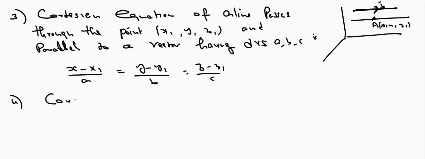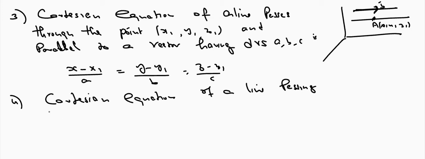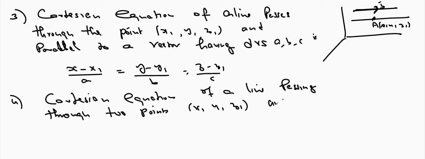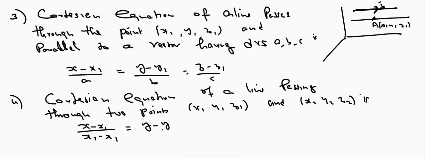Number 4, Cartesian equation of a line passing through 2 points x1, y1, z1 and another point x2, y2, z2 is given by x minus x1 by x2 minus x1, y minus y1 by y2 minus y1, z minus z1 by z2 minus z1.